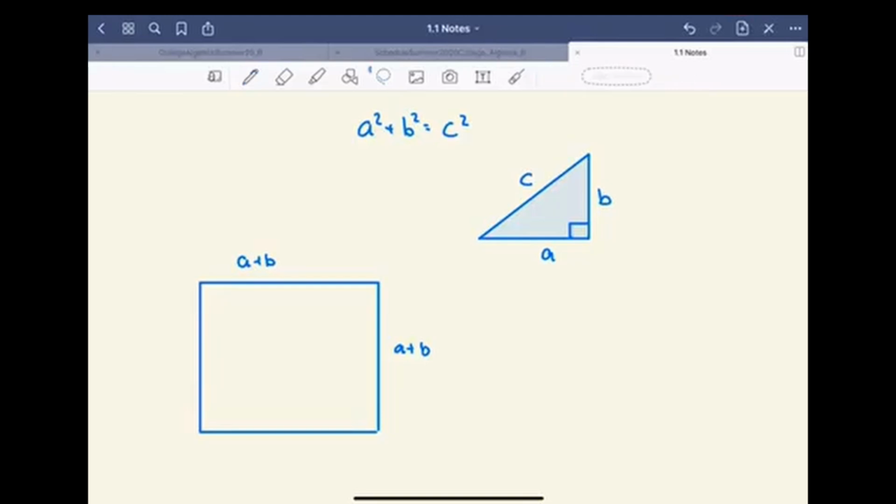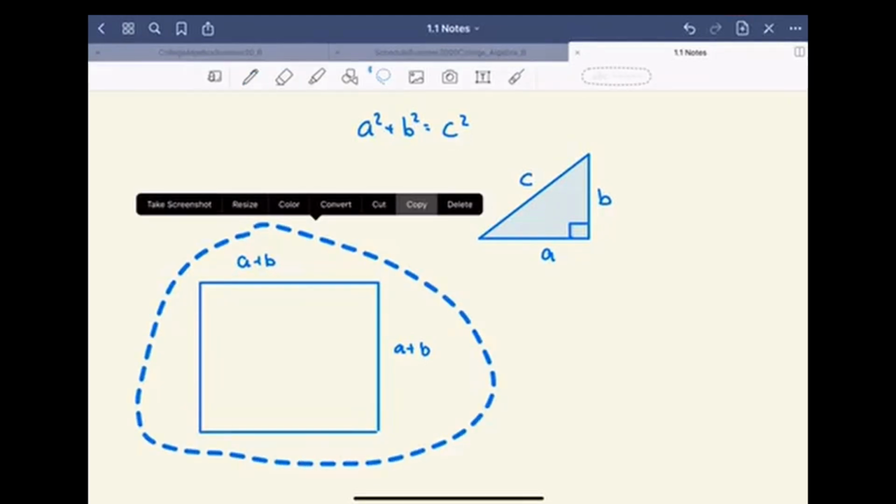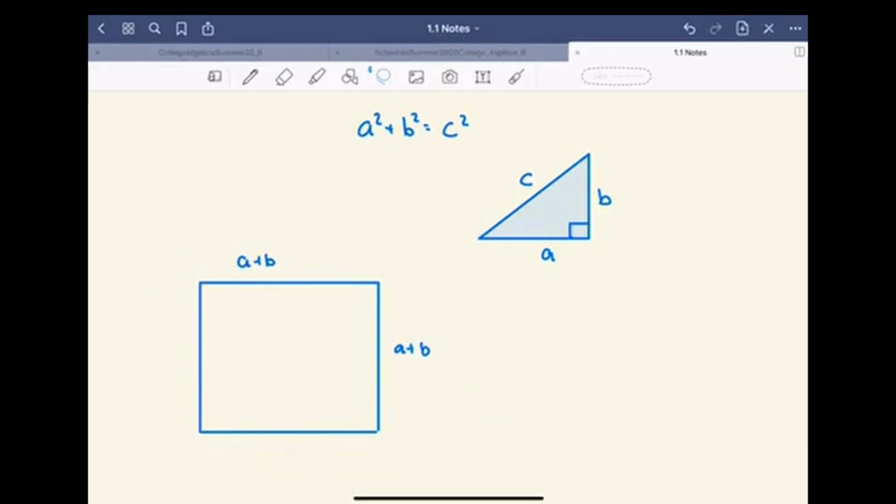So first, let me see, I think I might be able to copy this. I don't think so.